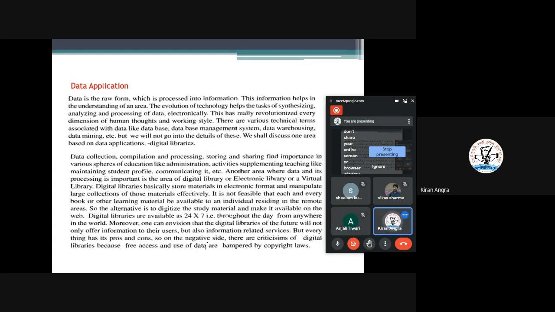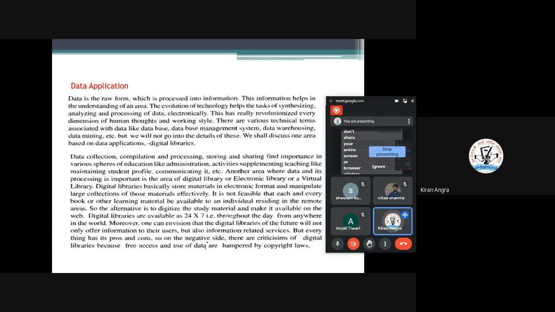administration activities, supplementing teaching and maintaining student profile, communicating to them, using in administration, uploading their data, how many classes they have passed. You have heard now there are national directories that have come up, national libraries have come up. You can have the digital library which has the stored material in electronic format.